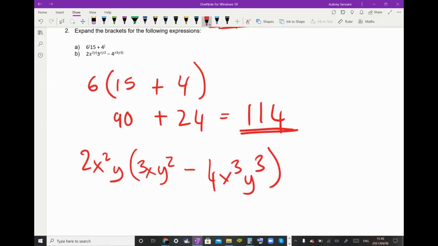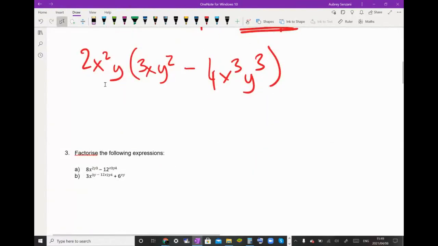So what is the answer that we are going to then come up with over here?